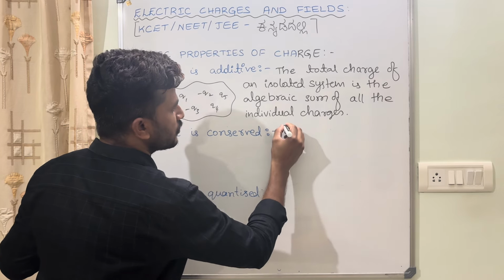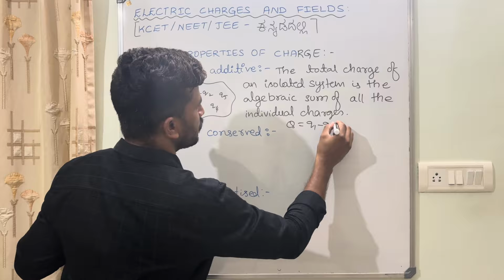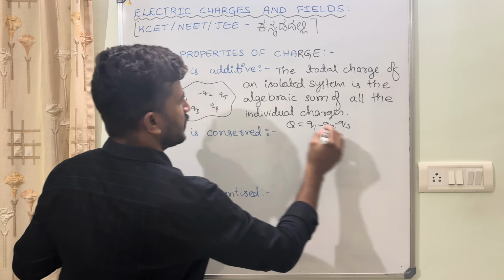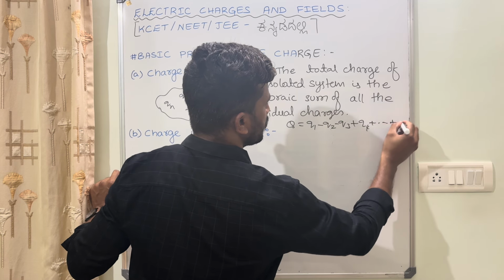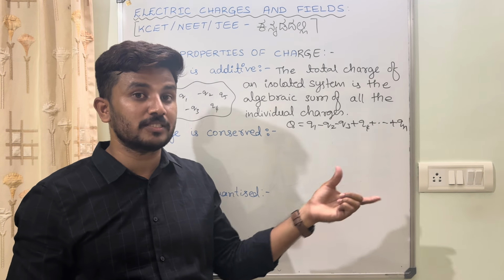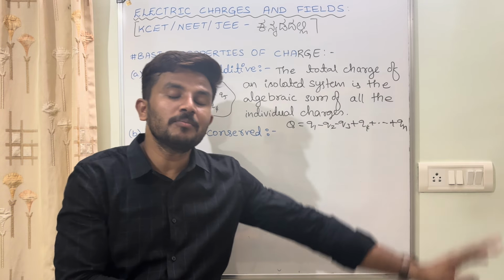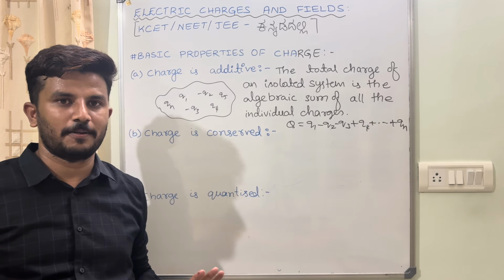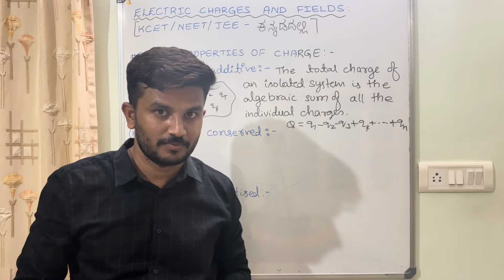So the total charge is given by Q1 minus Q2 minus Q3 plus Q4, and so on up to Qn. If it is negative, we have to take minus n. If it is positive, we have to take plus n. The total charge of the system is given by the algebraic sum of charges. Simple as that.